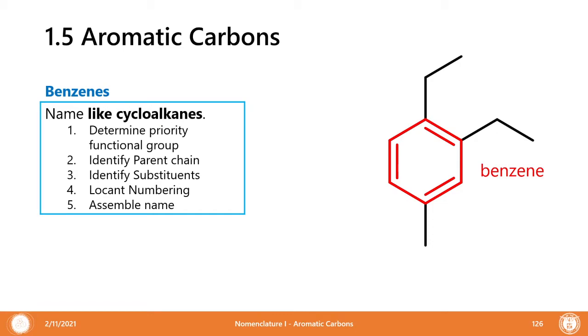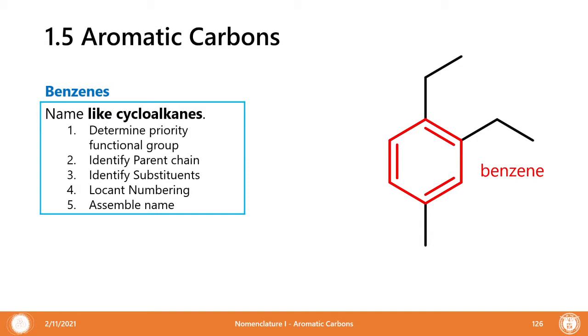Do not try to use cyclohexa-alkene because it would be named incorrectly. When you see the structure of benzene, you name it as benzene. So that's our parent chain.